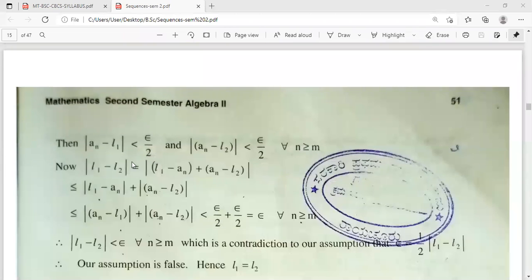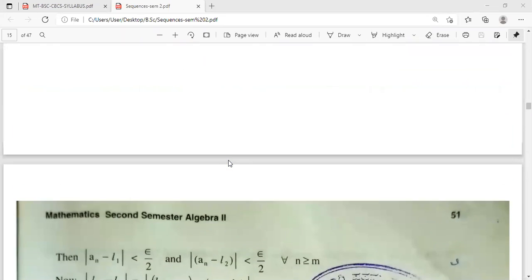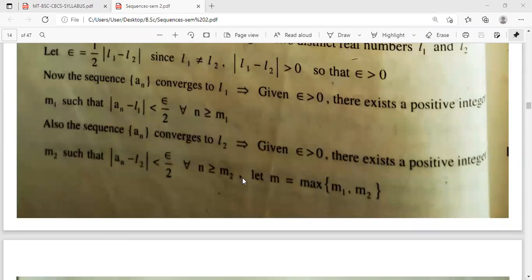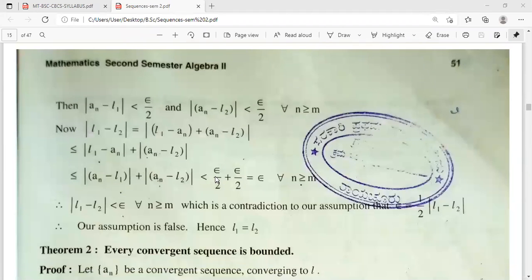By combining those two, you can write modulus of a_n minus L1 is less than epsilon by 2 and modulus of a_n minus L2 is less than epsilon by 2 for every n greater than or equal to m. In the first case you are writing for every n greater than or equal to m1, in the second case for every n greater than or equal to m2, but here, after taking m equal to the maximum of m1 and m2, you are writing for every n greater than or equal to m.